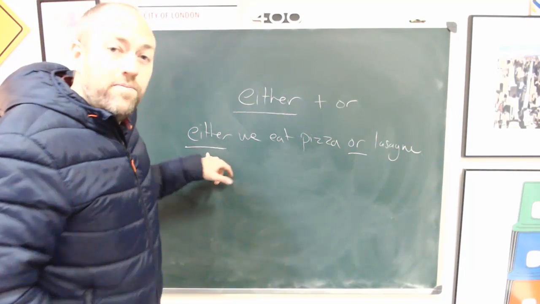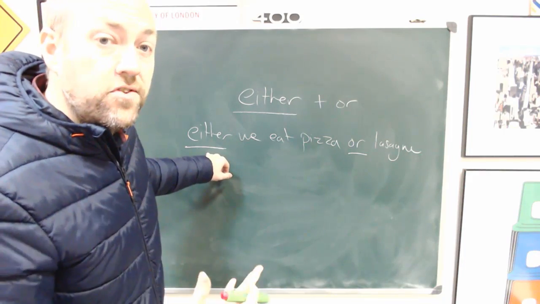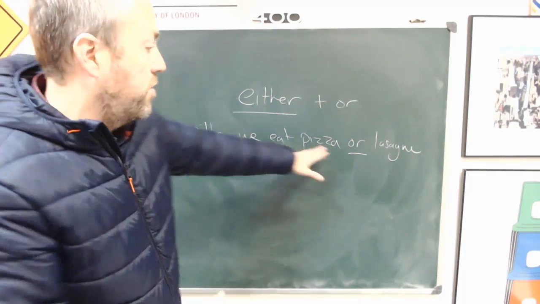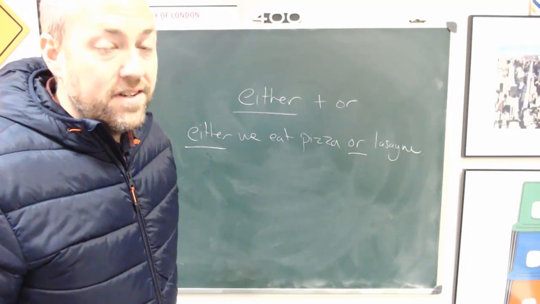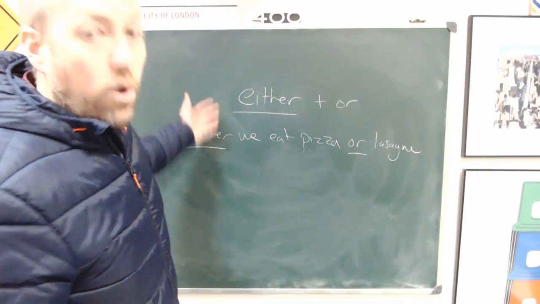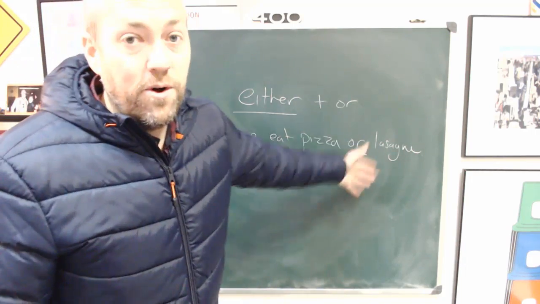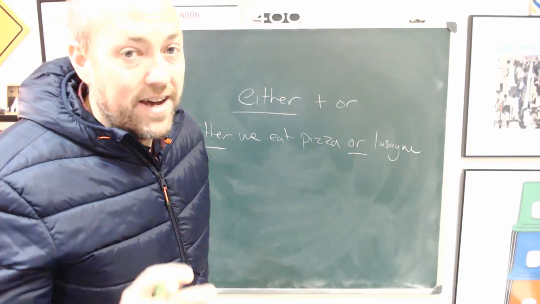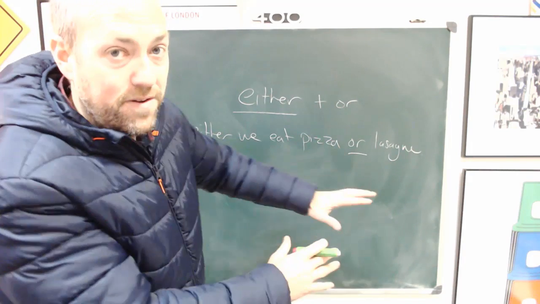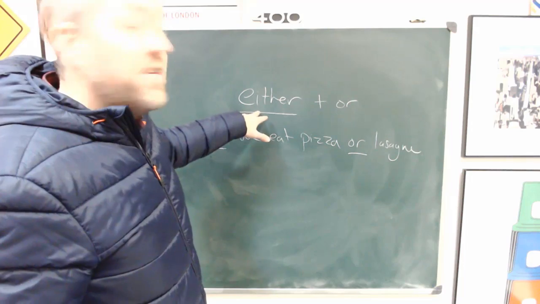So we use this to introduce the two possibilities with or. Now, some languages don't have this. In some languages you say, or we eat pizza or lasagna. You use two ors. But in English, no, you can't. You say either or. Now, this is the first meaning.